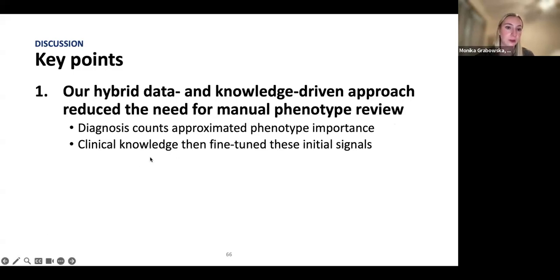But then clinical knowledge was really critical in fine-tuning these signals and ascertaining their practical importance, again in distinguishing between rare diseases and adult onset diseases associated with aging in terms of Phecode removal, and then how to group the ICD codes to create new Phecodes.